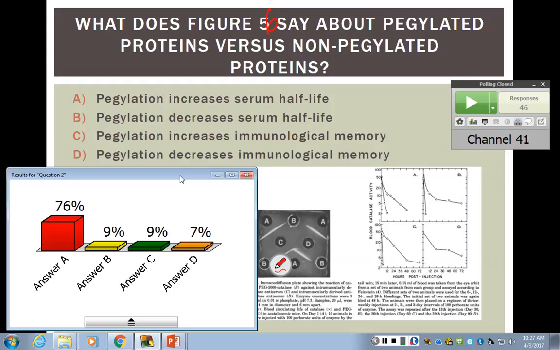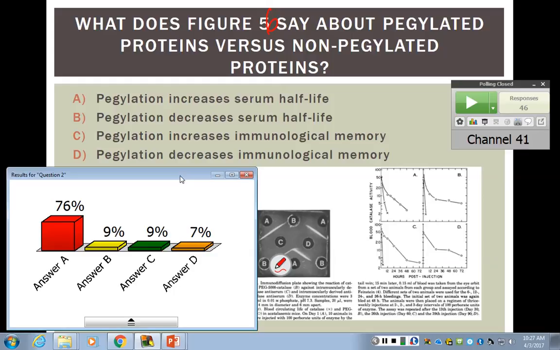For the non-pegylated, you can tell that it's building up immunity. So yeah, there's probably something to be said for the non-pegylated version. I don't think we can say anything about the pegylated version and its ability to stimulate or decrease immunological memory.